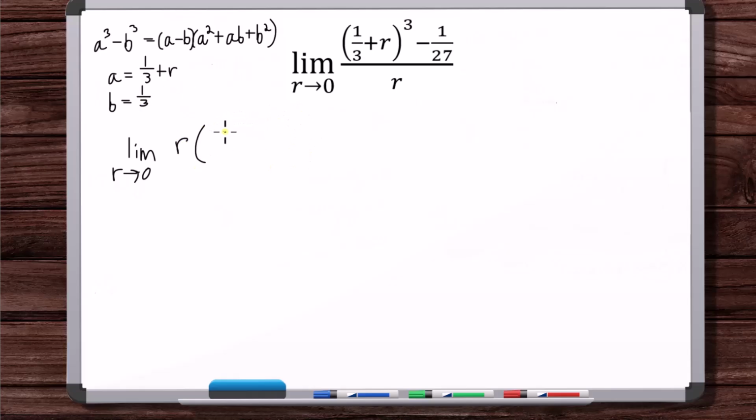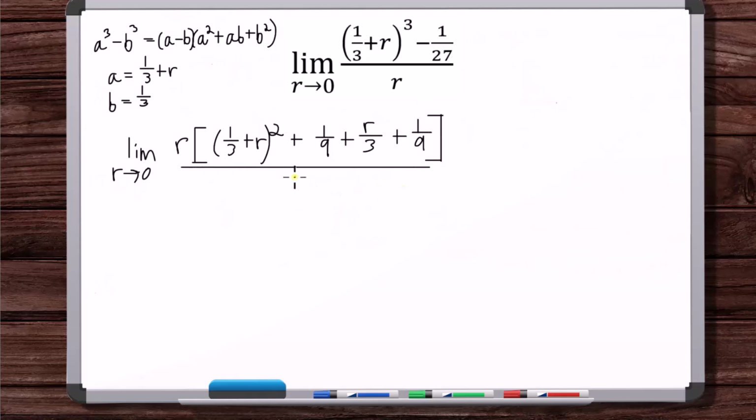Okay, then you've got a squared, so (1/3 plus r) squared, plus ab, so 1/9 plus r over 3, and then plus b squared. Okay, these r's cancel, and there we go.